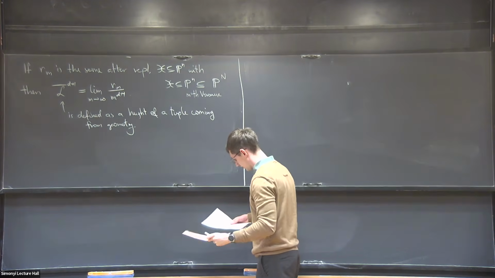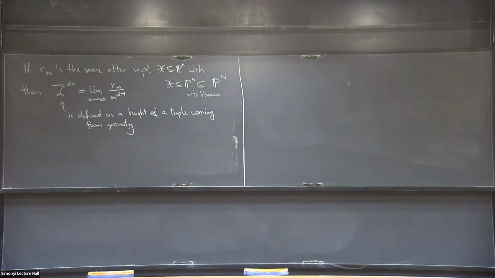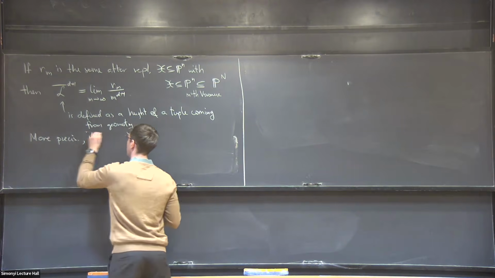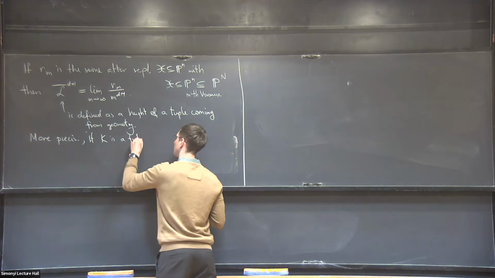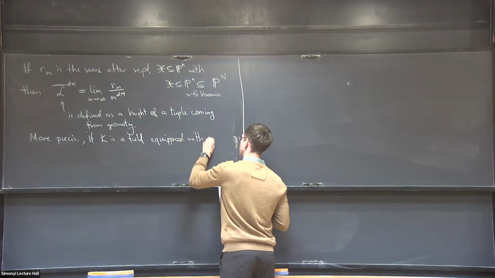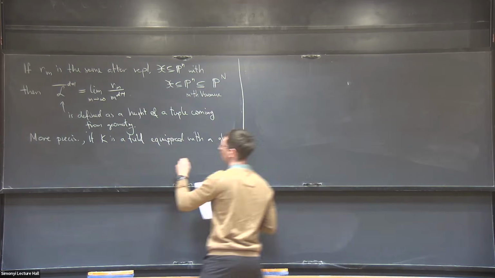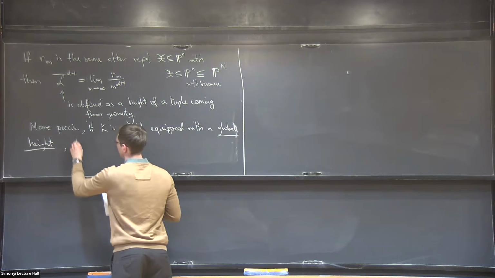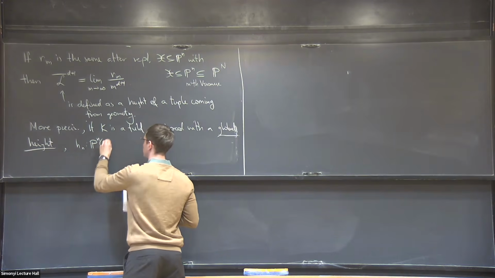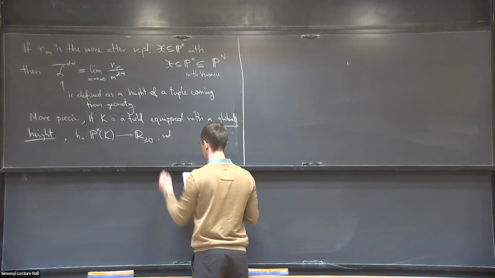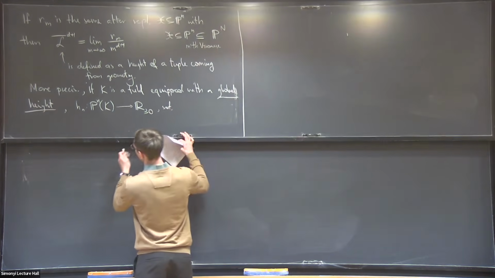Maybe more precisely, if K is a field equipped with a global height, so a global height is a tuple of functions H_n from projective spaces over K to non-negative real numbers and satisfying some axioms.